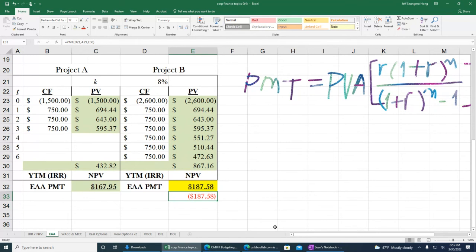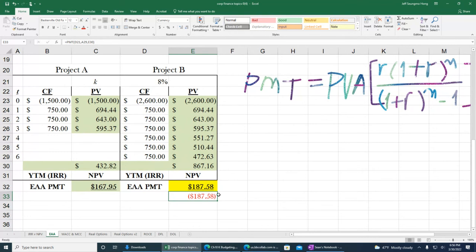If it is annuity, this is an annuity that you will be receiving. So it doesn't really matter, because we understand that this is the equivalent annuity. So we know this is cash inflow, but you don't want this to come out as a negative number.